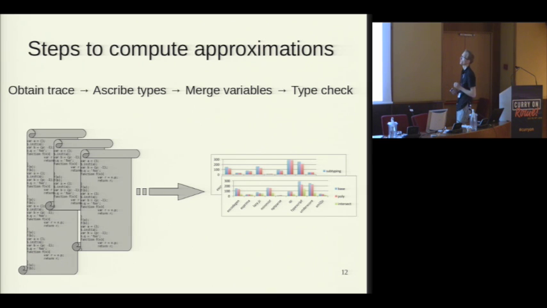You obtain a trace from a program that you run. Then you implement a type ascription operator that relates to the type system you're trying to approximate. Then you merge variables, again in order to approximate the type system you're interested in. And then you can do type checking and get these type error counts.